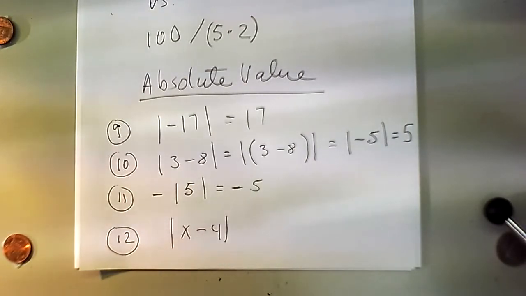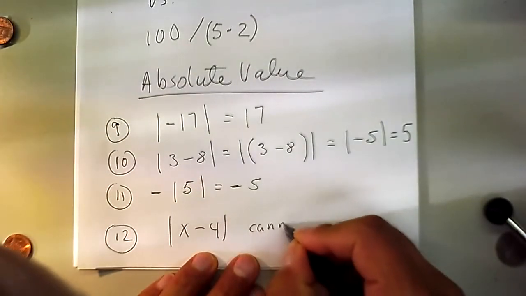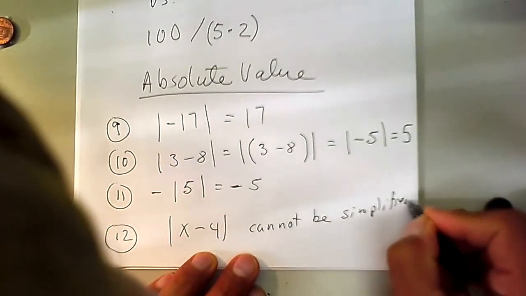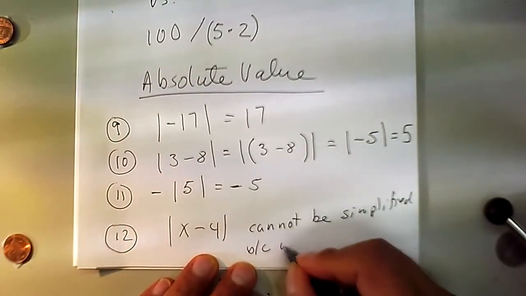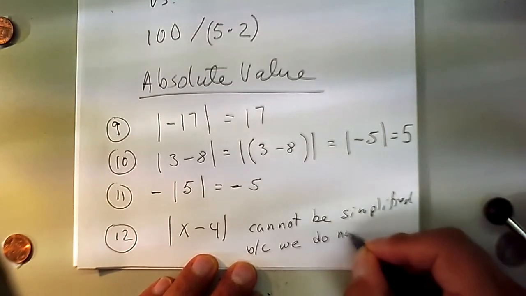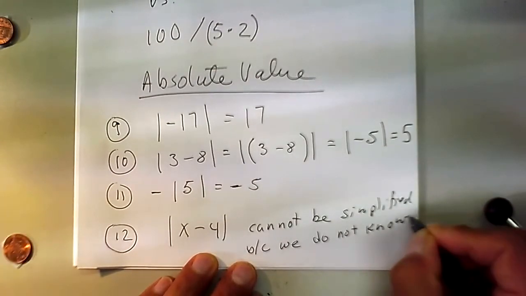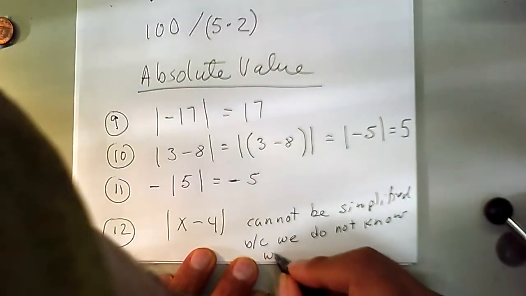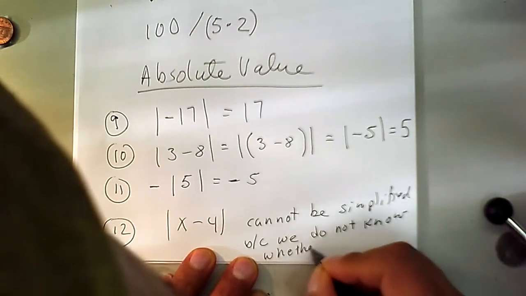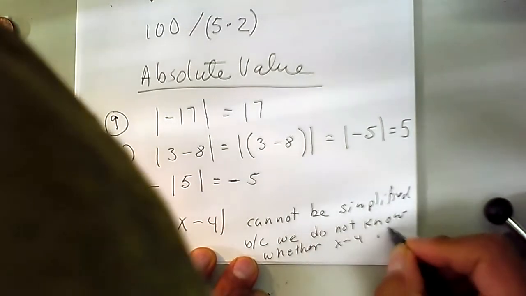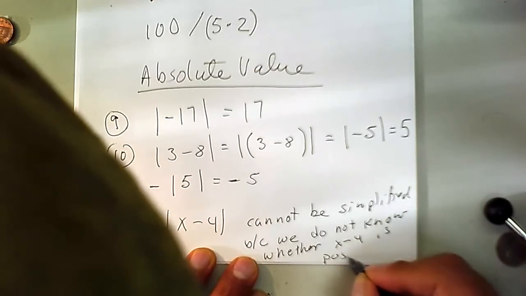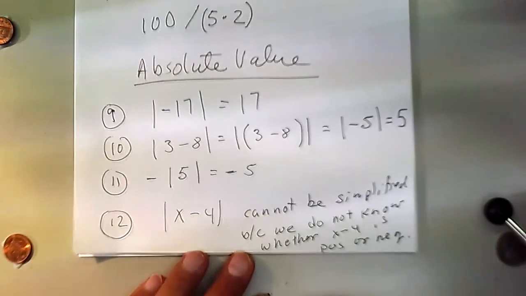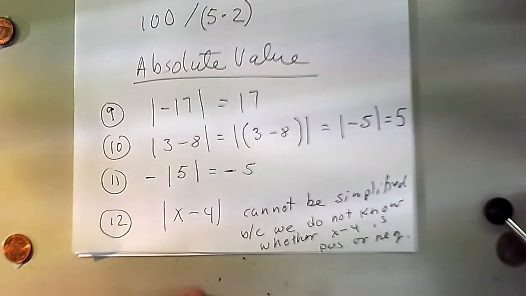And the answer is no. This cannot be simplified because we do not know, boy, I should have written this at the beginning of a page, we do not know whether x minus 4 is positive or negative. Sorry to write all of this explanation in a small space.